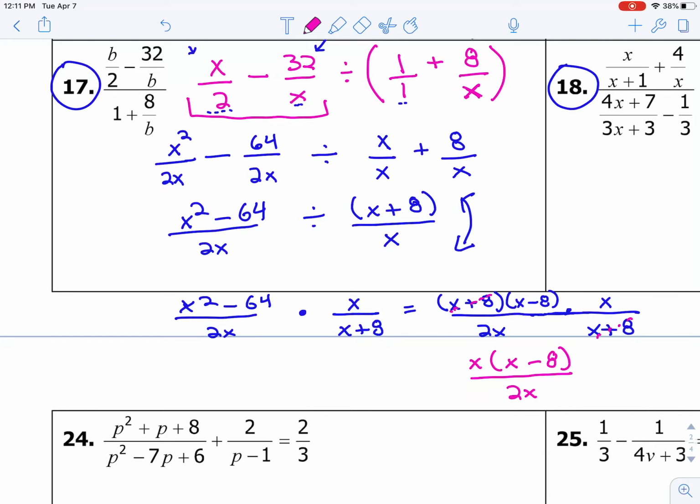Now, there's only one thing left that can be simplified. I know that x divided by x goes away. I wouldn't want to divide this x because it's connected to that minus 8. So my final answer is x minus 8 over 2. All right, and that takes us through 17.